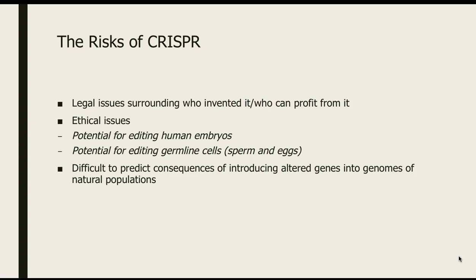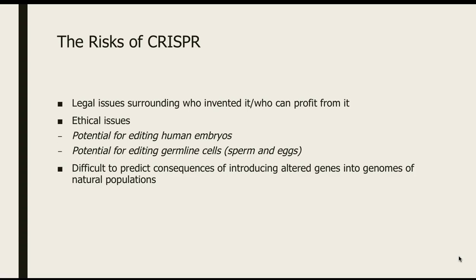Also, and finally, we don't really know what the consequences are of introducing these genes into the natural population. So we talked about how great it would be to prevent malaria from killing millions of people a year, but we don't really have a handle on if those genes will just stay within that population.